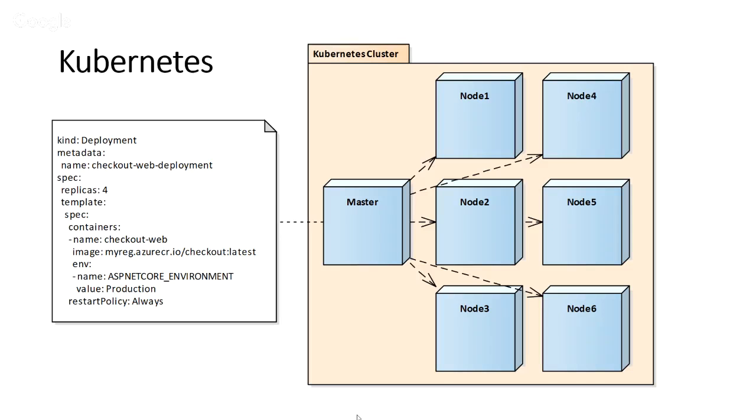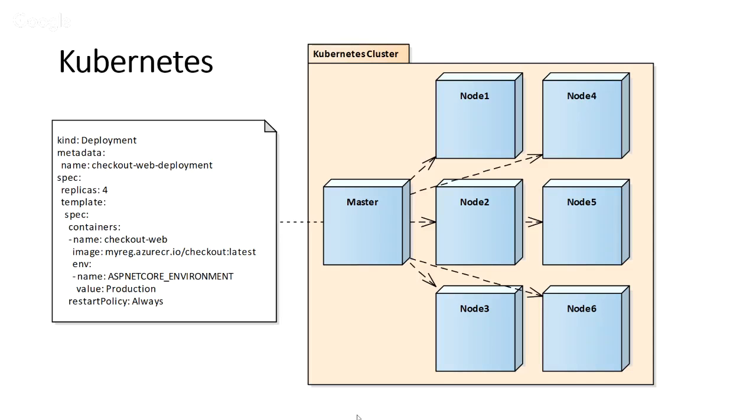The most important principle of Kubernetes is that you define your deployment in a declarative way, meaning that in a deployment file, you say how many replicas of a certain microservice you want to run.